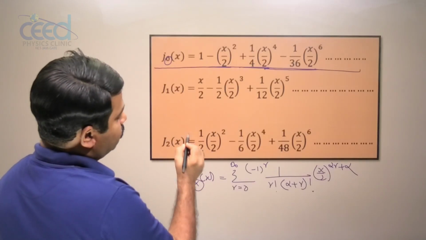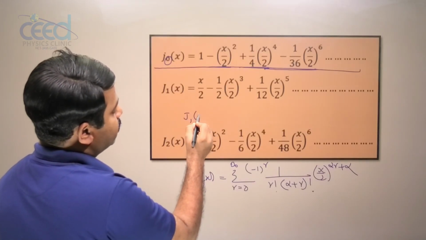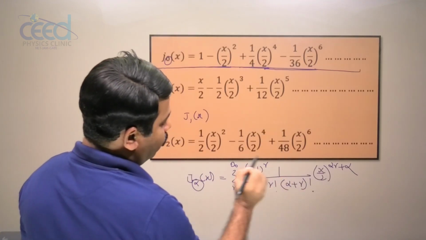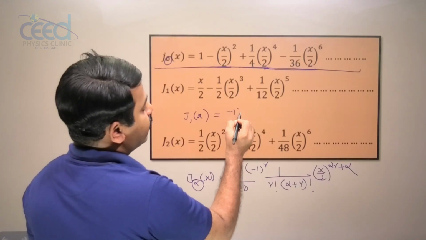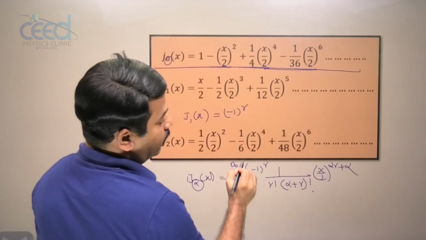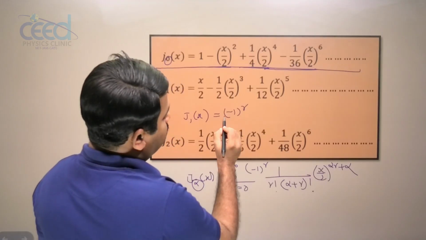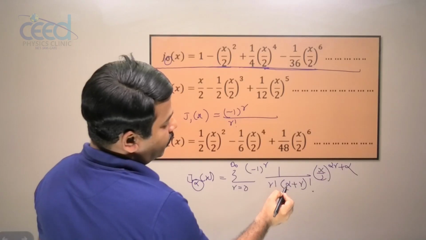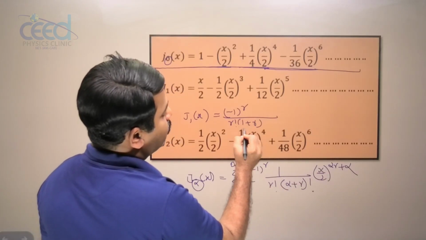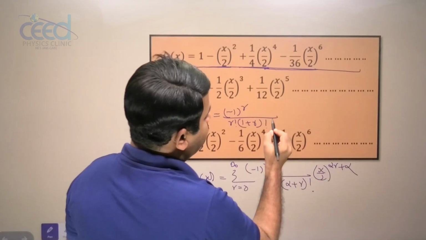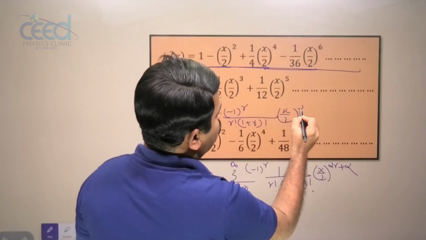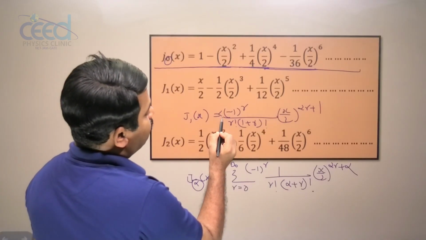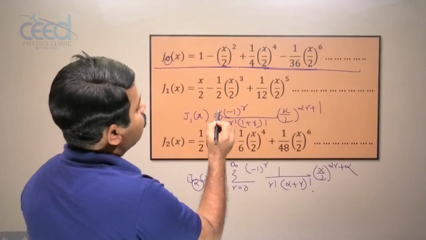So for J1 of x, what do I have to write? J1 of x equals, then you replace alpha with 1, then minus 1 raised to r divided by r factorial into 1 plus r factorial into x by 2 whole raised to 2r plus 1, sigma r equal to 0 to infinity.